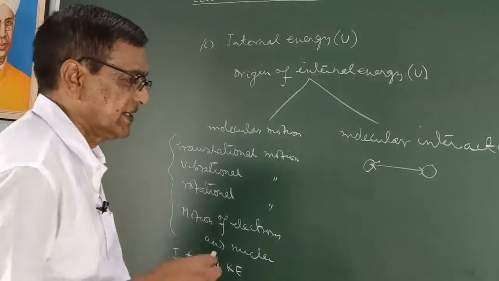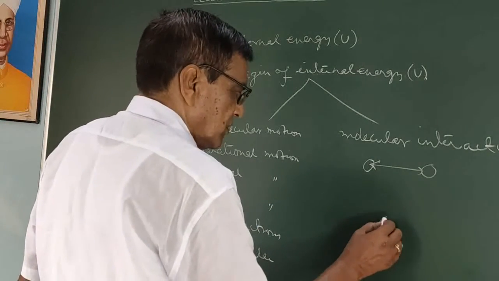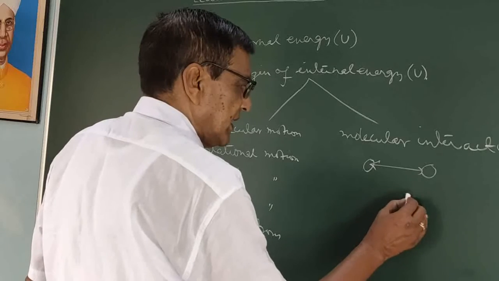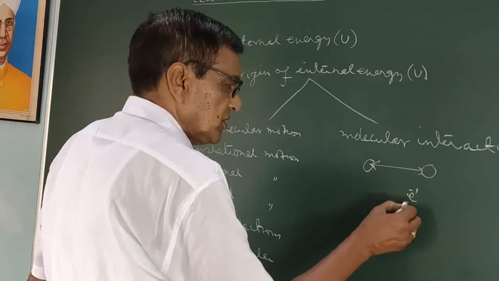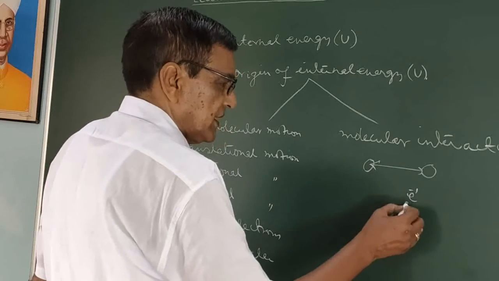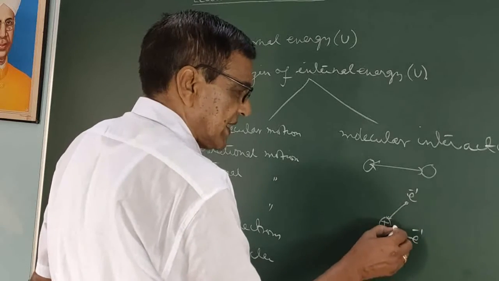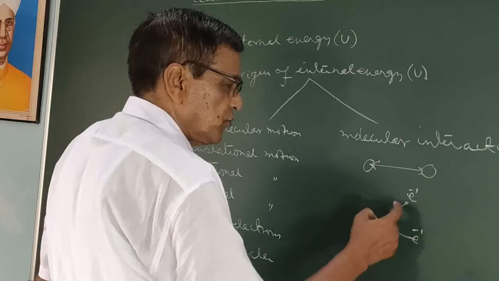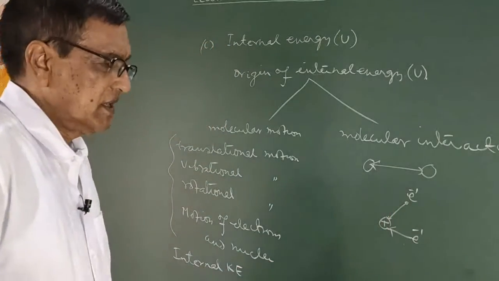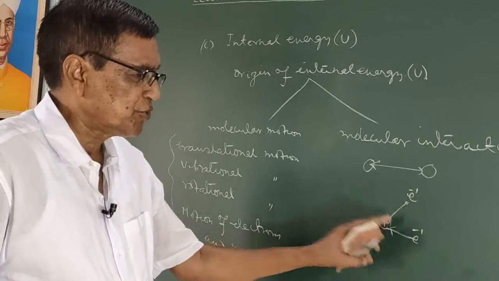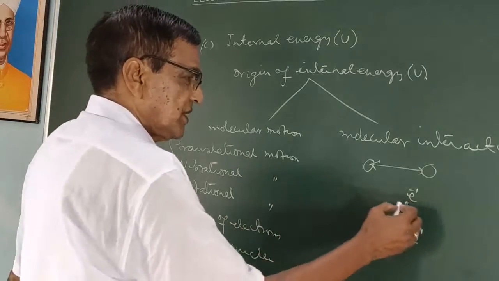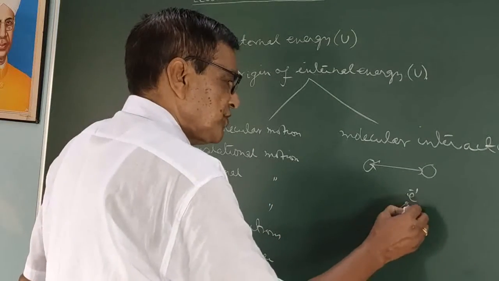Not only that, here is, suppose, a nucleus, here is an electron. There will be an attractive force, and this is another electron with a repulsive force. This gives the attraction potential, and this one is the repulsive potential.